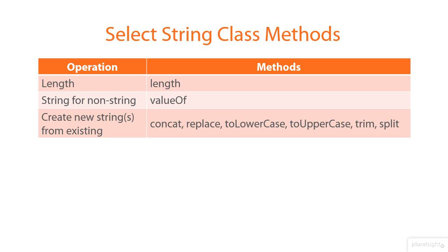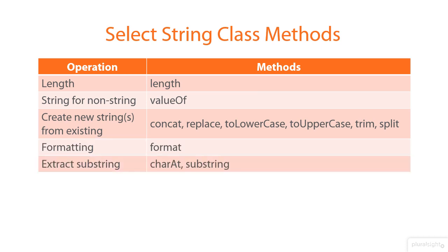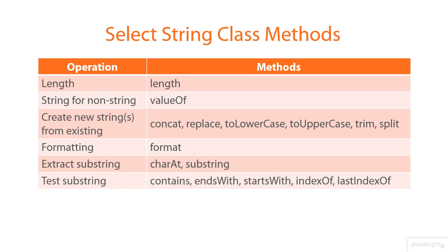The split method is useful for cases where you have a delimited string, like a list of comma-delimited values. It'll give you an array of strings back of the individual values inside that original string. We can do string formatting. We can extract a substring from an existing string. We can check for the presence of a substring in an existing string.